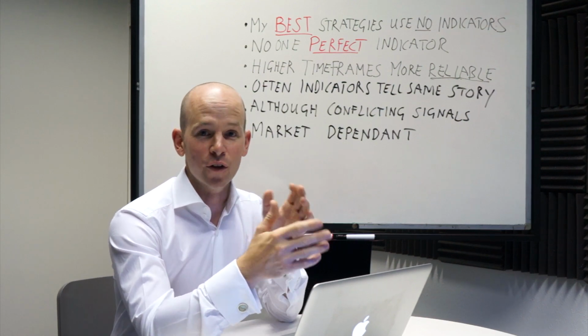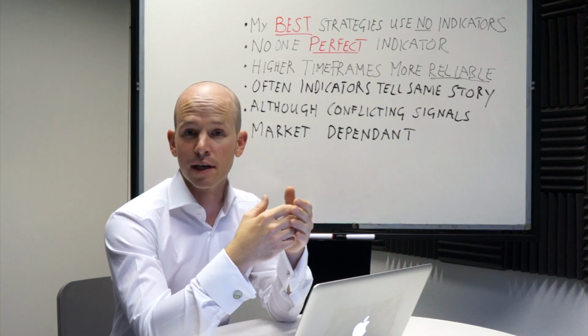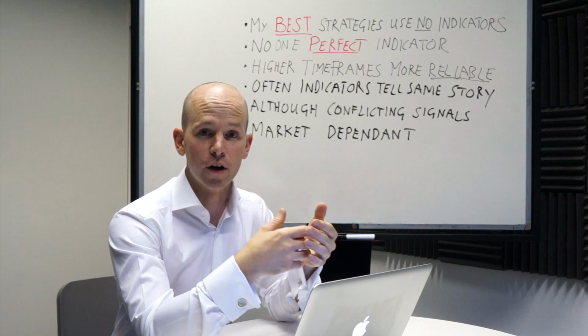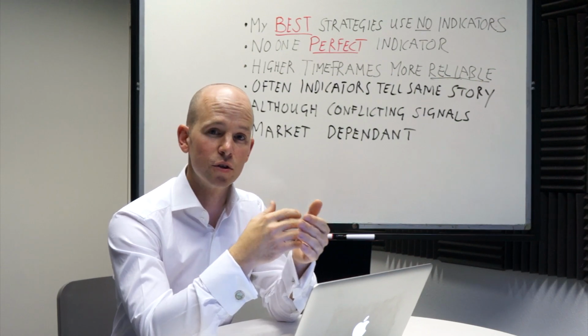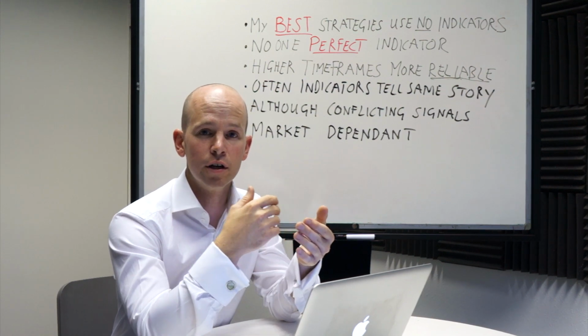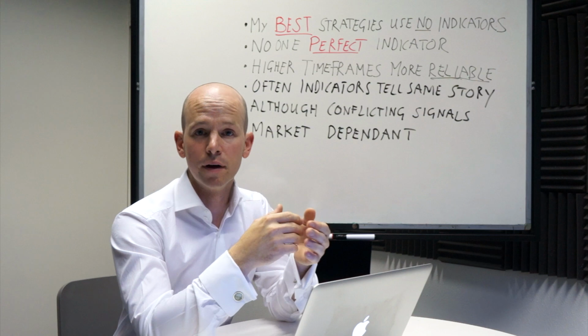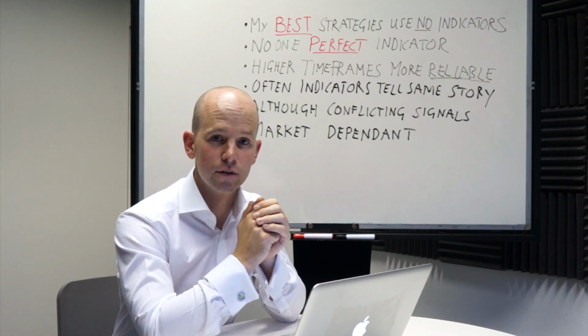Or on the flip side, if you've got an indicator that makes sense and you think it's going to work really well, and on the first market or first couple of markets you test it on, it doesn't work at all, then don't be too disappointed. Carry on trying different markets. Some markets are very trend following and some markets are very mean reverting, like the E-mini or the S&P 500.